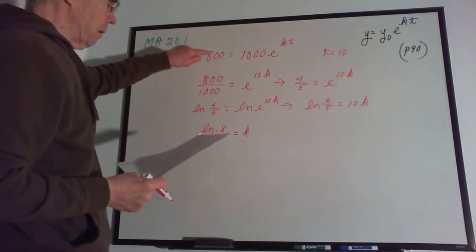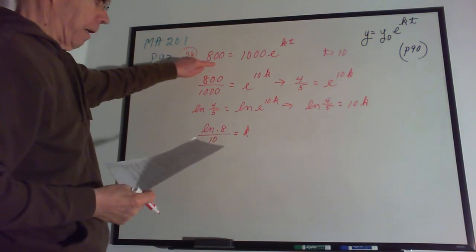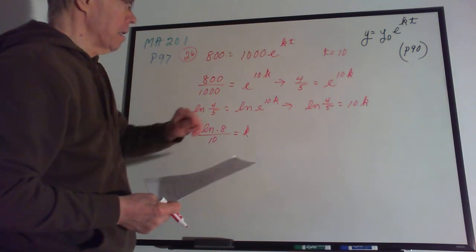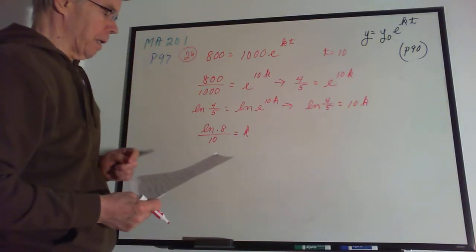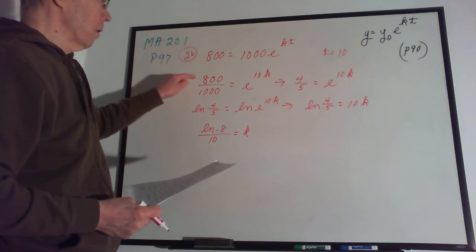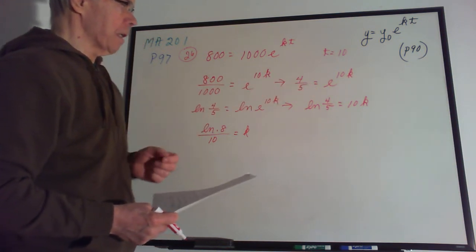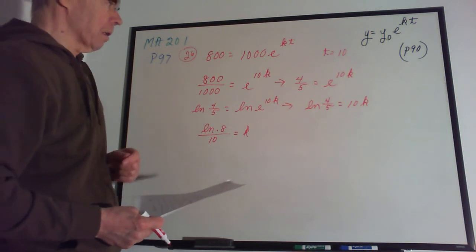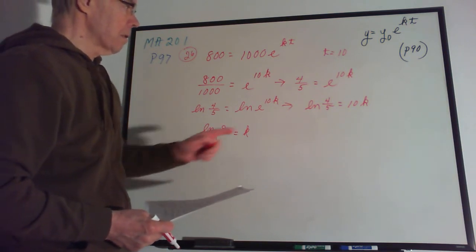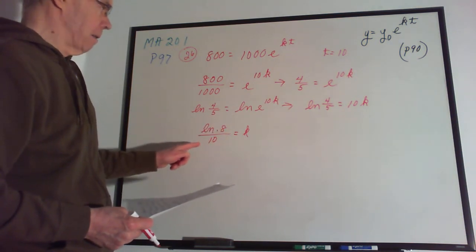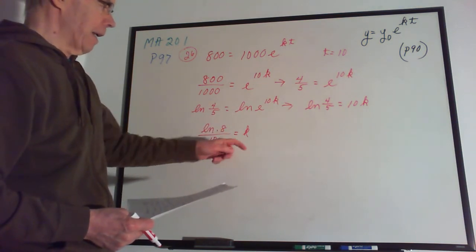They tell us that at the end you're going to have 800, start off with 1,000, e to the kt, and they tell you t is equal to 10 years. So divide, the 4/5 equals e to the 10k, take the natural log of both sides, solve it. So natural log of 0.8 divided by 10 is equal to k.